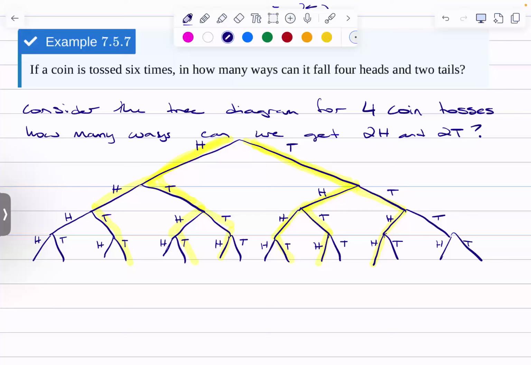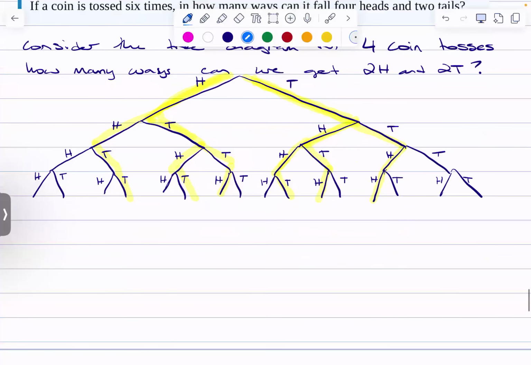This tells me that all these different permutations that are highlighted, heads, heads, tails, tails, heads, tails, heads, tails, heads, tails, tails, heads, tails, heads, heads, tails, tails, heads, tails, heads, tails, tails, heads, heads, are the permutations with exactly two heads and two tails.